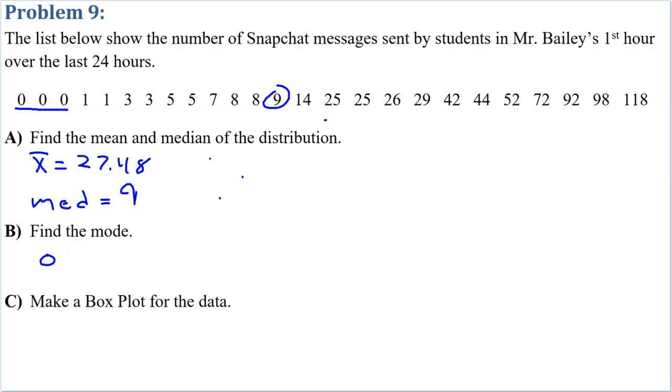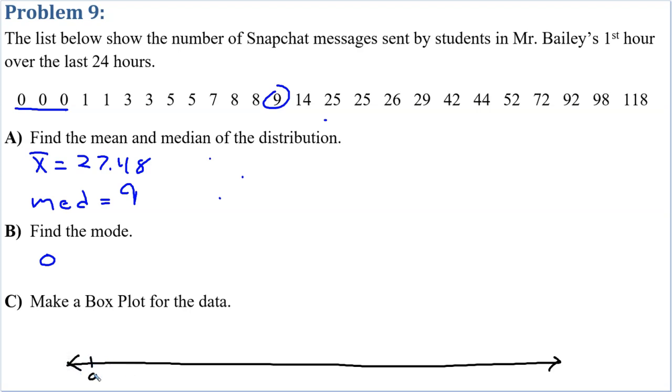And the last thing to do, we want to make a box plot quick, which we can just count by 10. So 0, 10, 20, 30, 40, 50, 60, 70, 80, 90, 100, 110, 120.